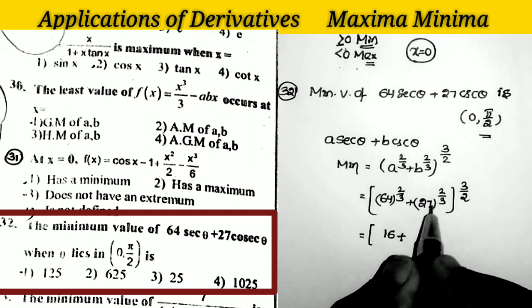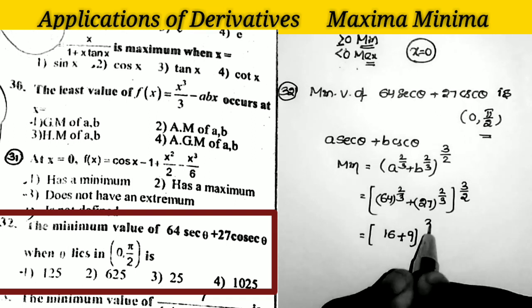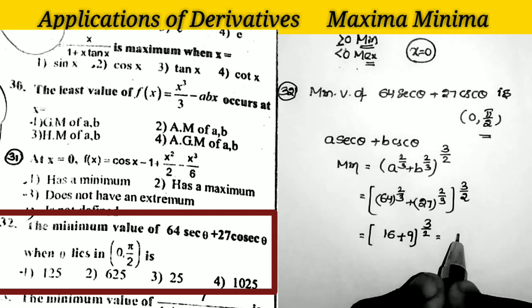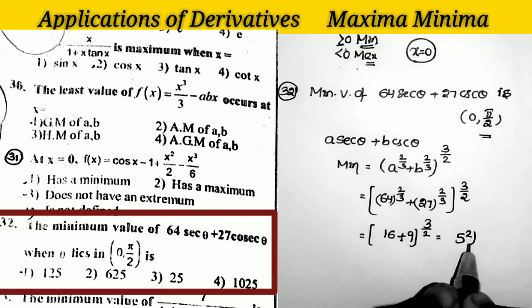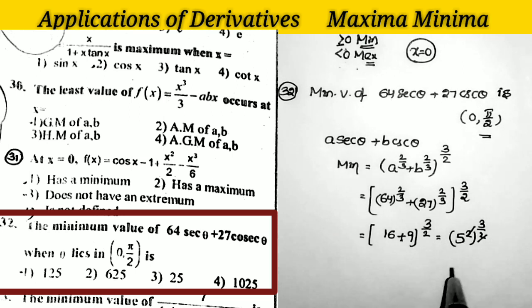And 3 cube power 2 by 3, that is 3 square, equal to 9. So this is 16 plus 9 equal to 25, and 25 is equal to 5 square. So this is 5 square power 3 by 2, that is equal to 5 cube, and the answer is equal to 125. That is the first option.